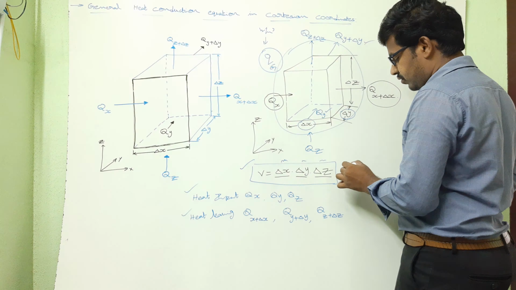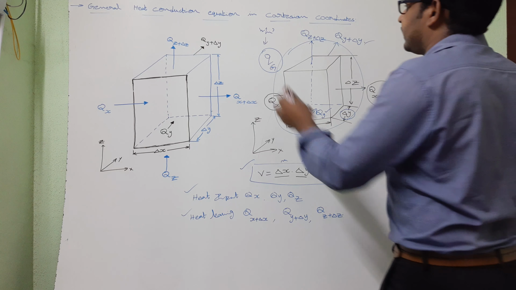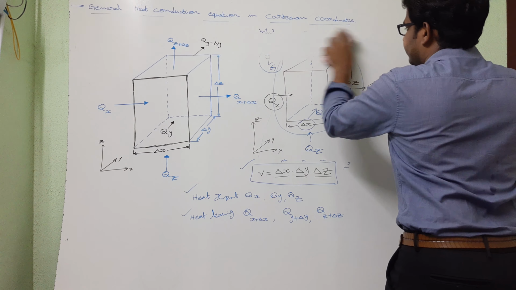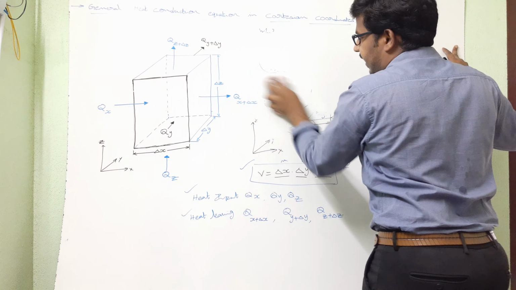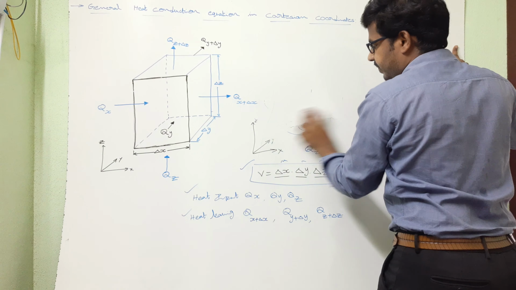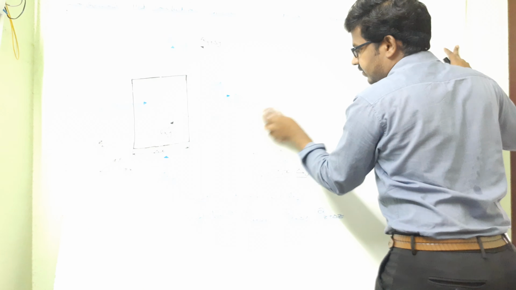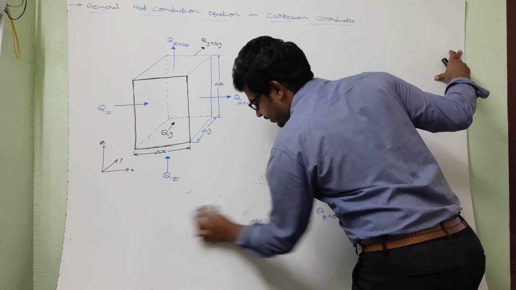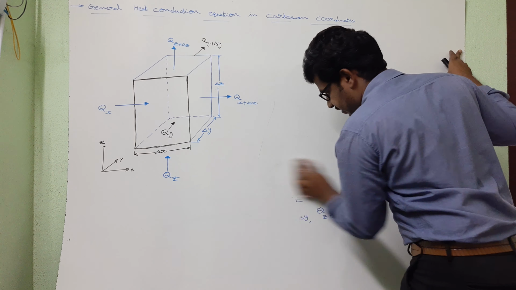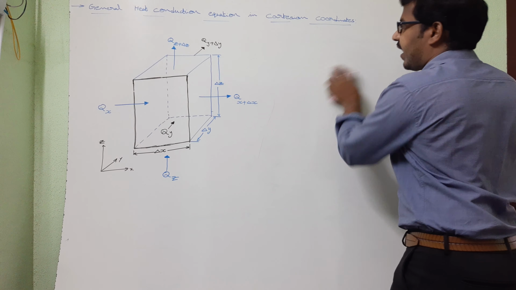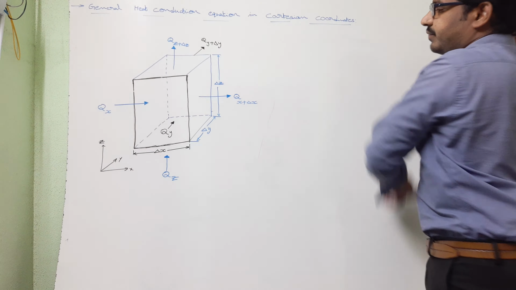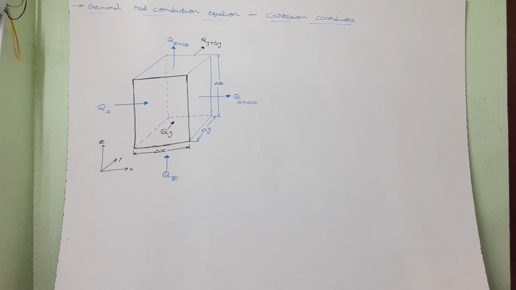Now we need to calculate the Cartesian coordinate system. This is the diagram. First of all we need to write the delta x, delta y and delta z values.